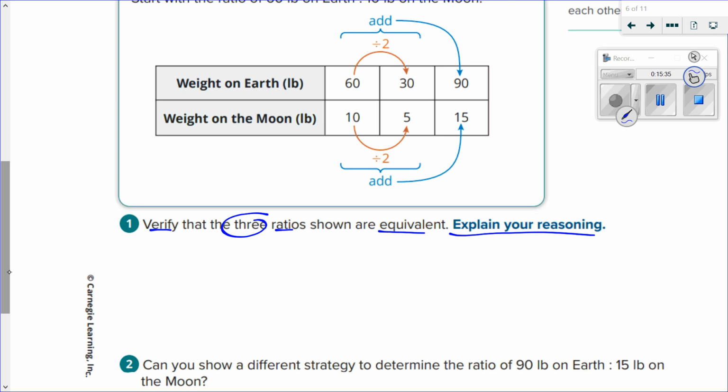It's in your modules, but it's a ways back now when we first started talking about equivalent ratios. Okay, we know they are equivalent if they simplify to the same number. So one of the easiest ways to check if ratios are equivalent is simplify them as much as you can and see if you get the same number. So, for example, if I have 60 and 10, what can I divide both those by?